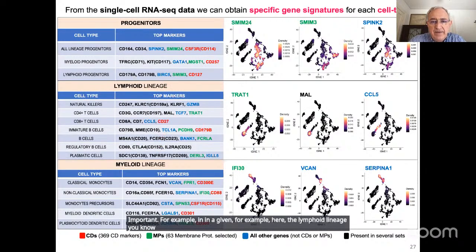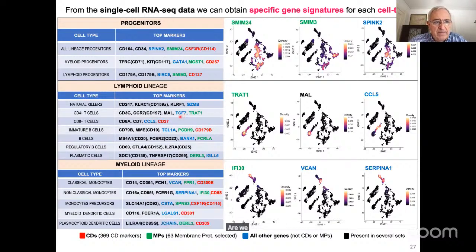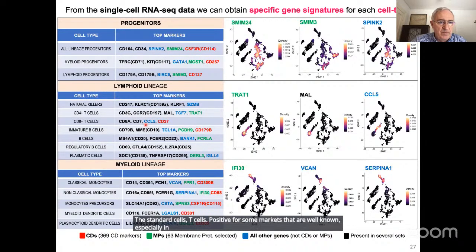We identify first, are we observing what should be observed, that the standard cells, T cells, are positive for some markers that are well known, especially in expression. For example, CD8A or CD3G. Yes. So this is good because those are well known, present in several cells and observed well, no?